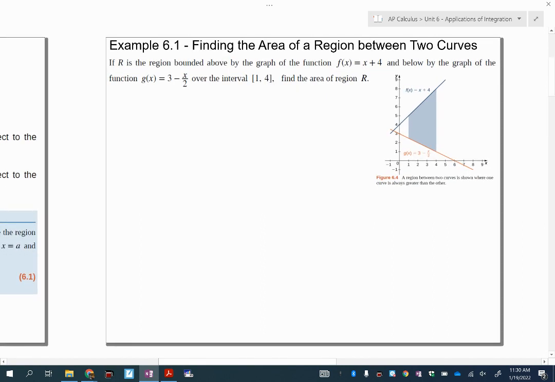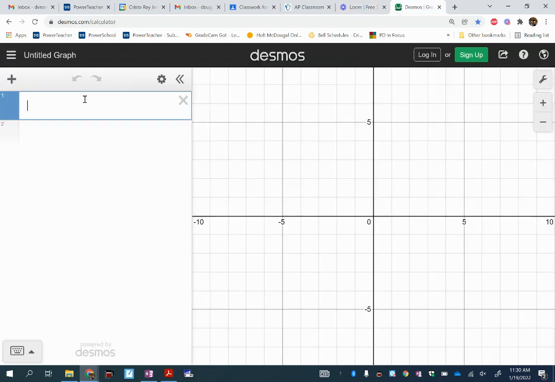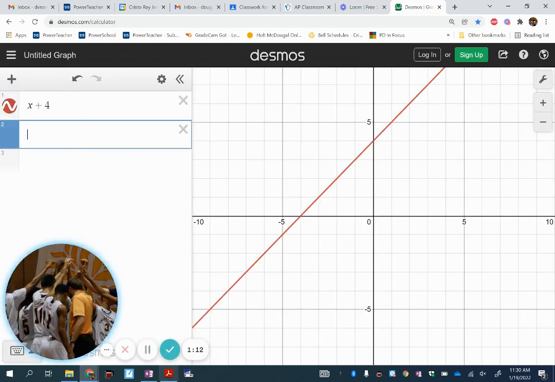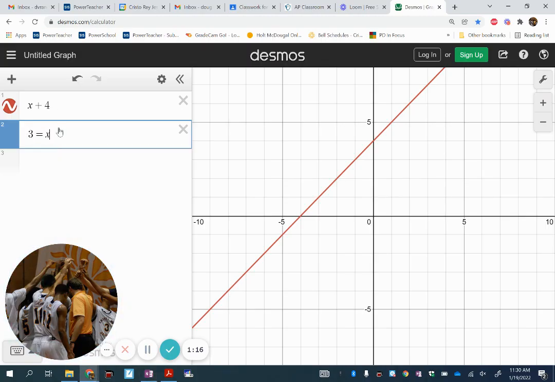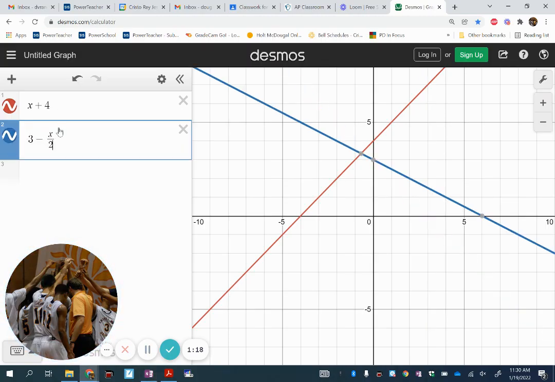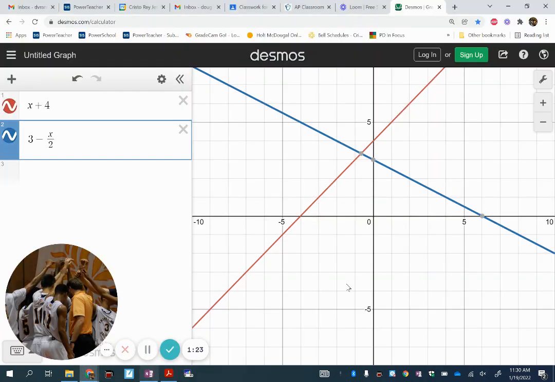So let's try this one here. The first thing I'm going to do is graph it. I know it's right here in the image, but I'll graph it for you on Desmos a little larger. So x plus 4, and then the other one is 3 minus x over 2. We're looking at this one between 1 and 4.